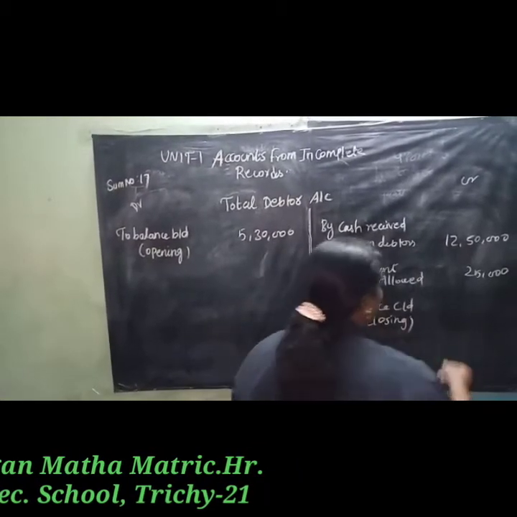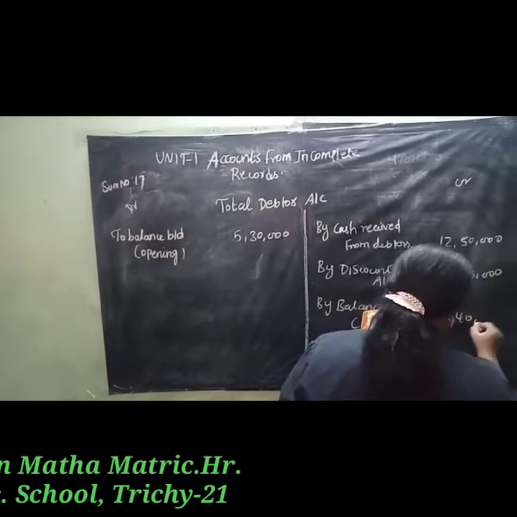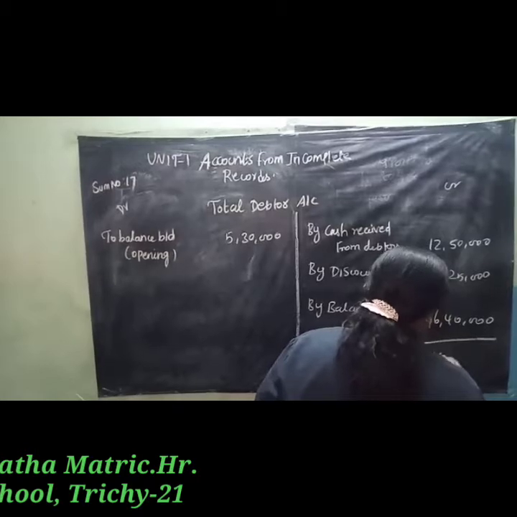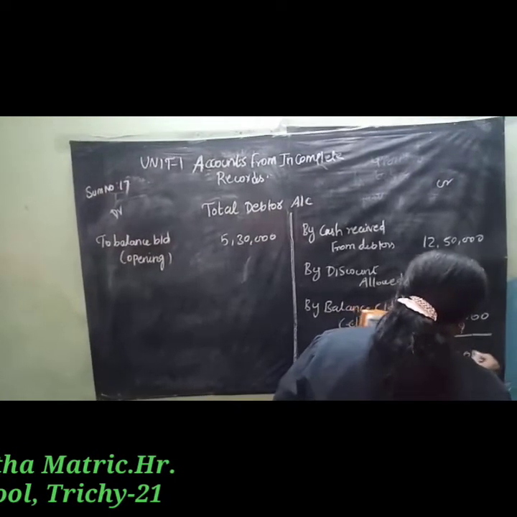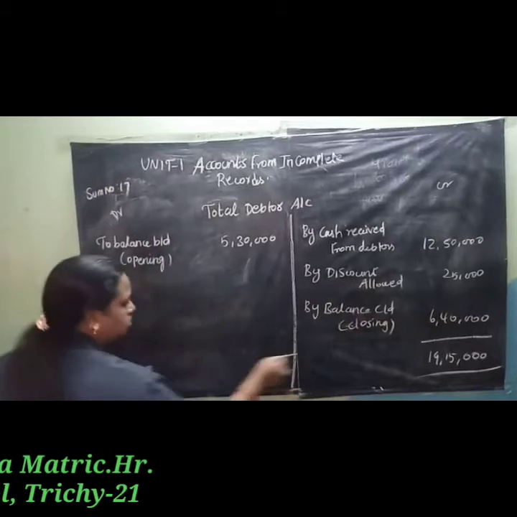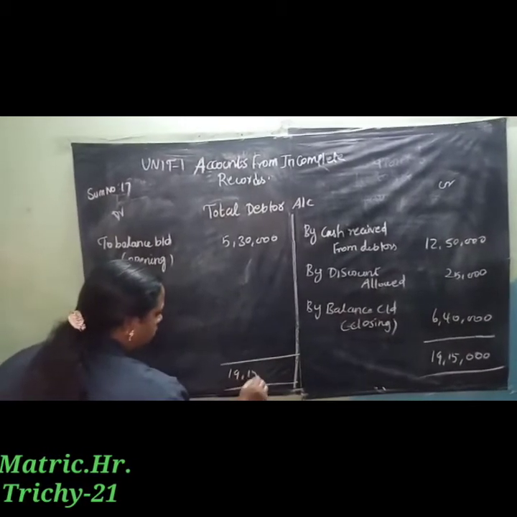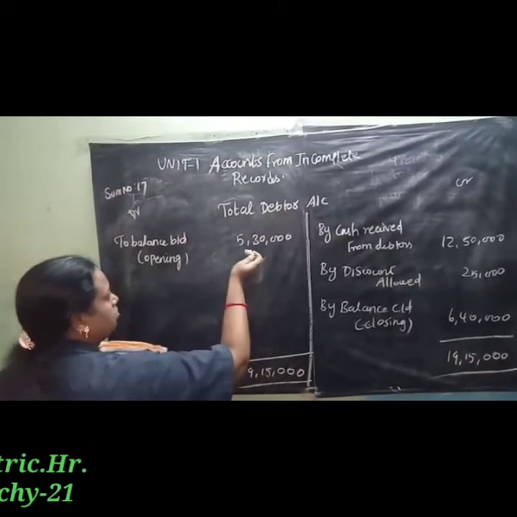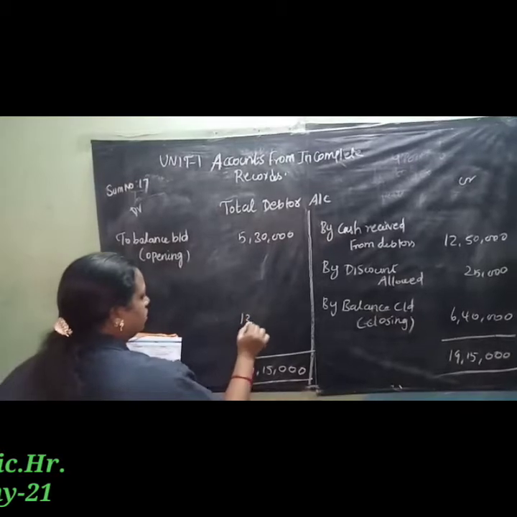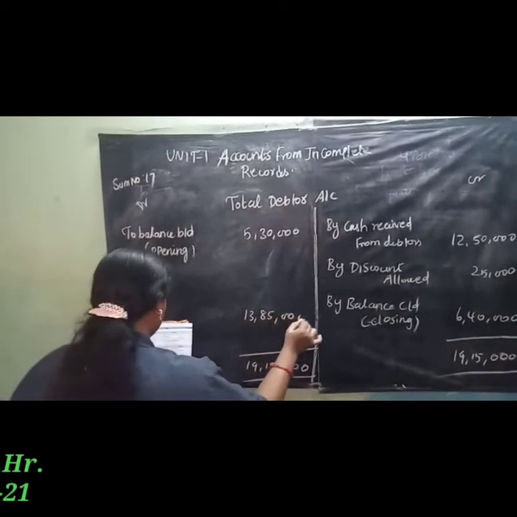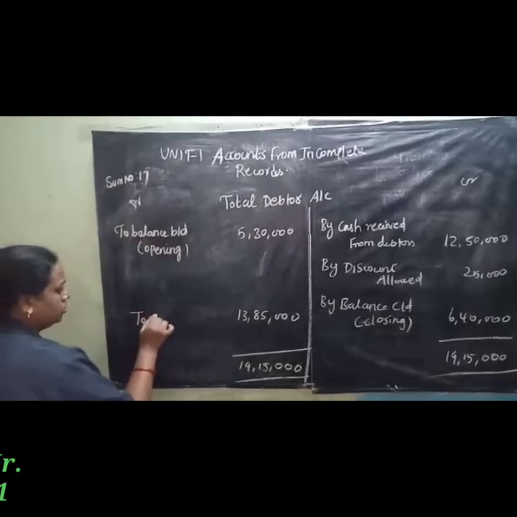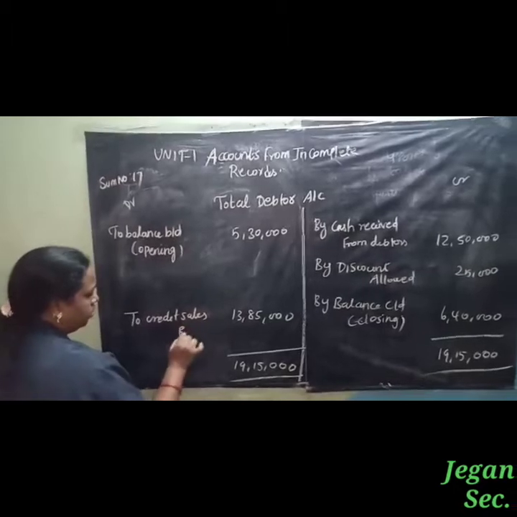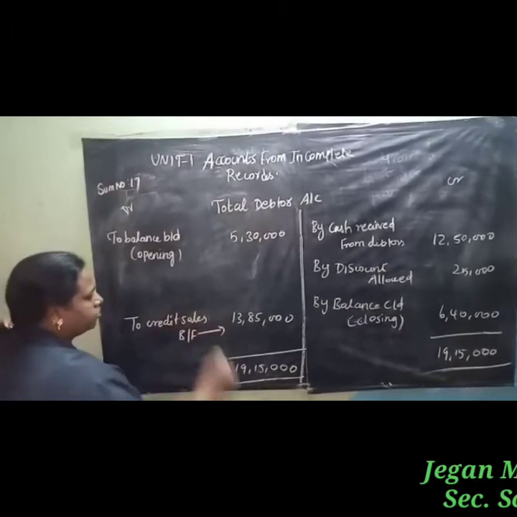So the total is 19,15,000. Then 19,15,000 minus 5,30,000, the answer is 13,85,000, credit sales. To credit sales, balancing figure. Okay, understand?